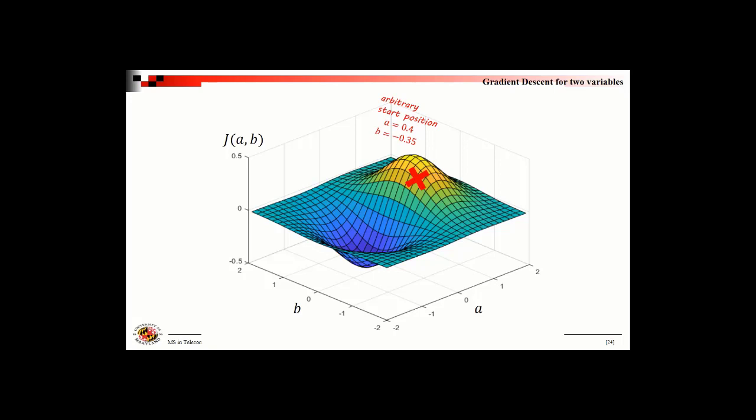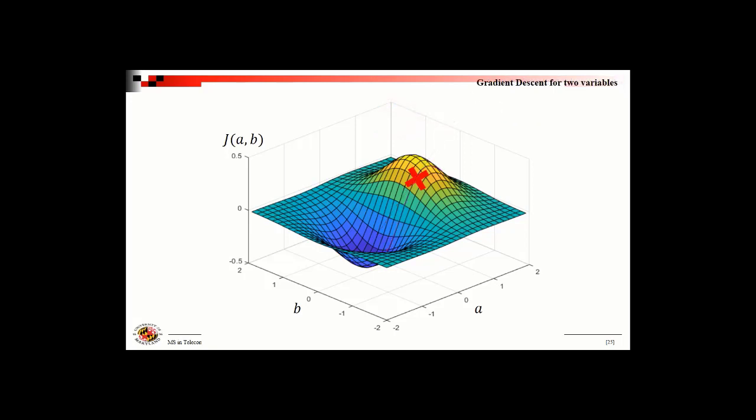So we start at an arbitrary position, in this case a equal to 0.4 and b equal to negative 0.35, and we take the partial derivative along each direction. Let's start with the variable a. We take the partial derivative of the cost with respect to a, and it tells us in this case that we have to go towards a smaller a in order to reach the minimum.